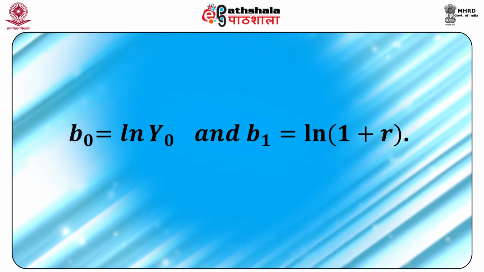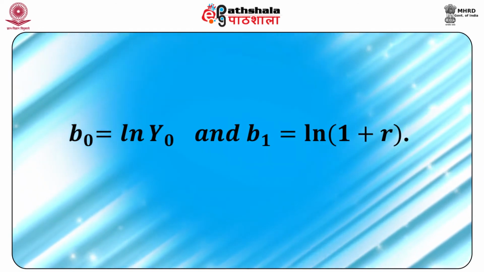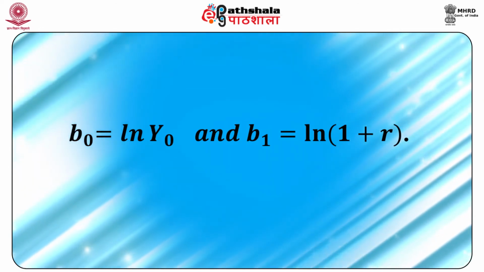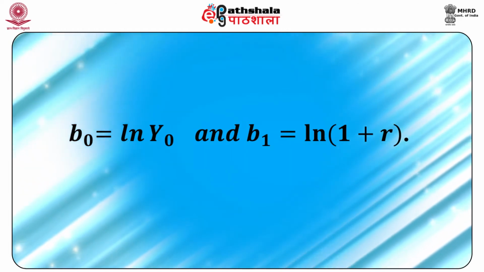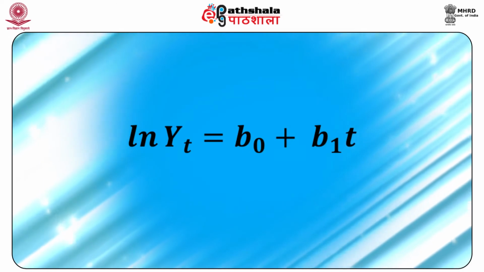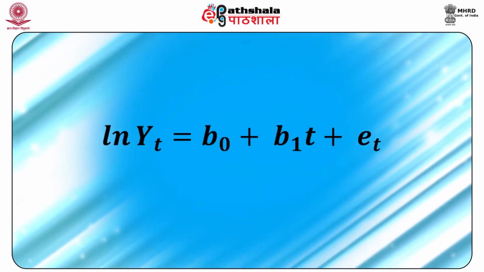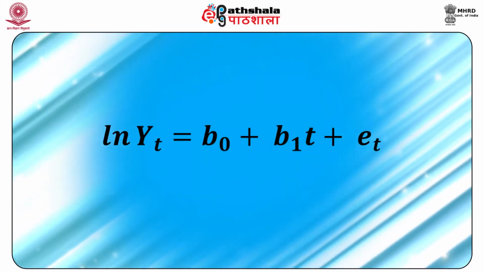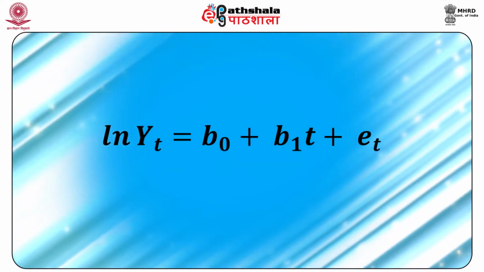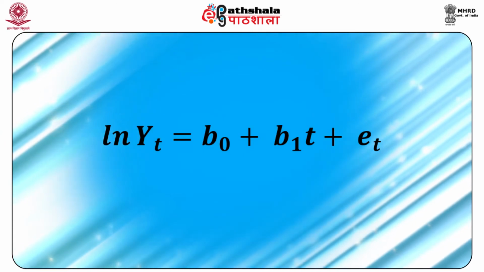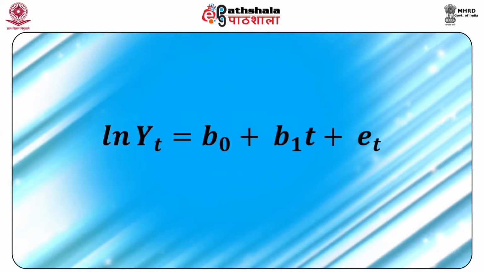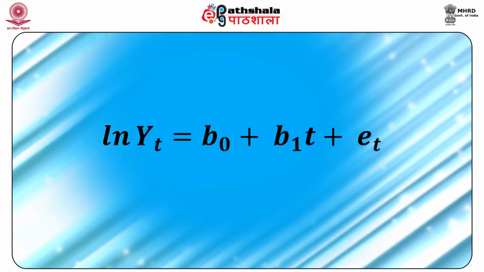Now suppose we denote b0 = ln y0 and b1 = ln(1 + r), the above equation can be rewritten as ln yt = b0 + b1 t. If we add an error term to the above equation, it can be rewritten as ln yt = b0 + b1 t + et.